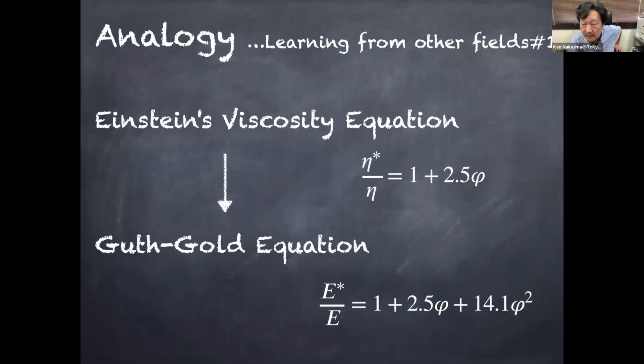Then similar may happen when you add the hard particle into the soft medium, elastic medium, then the modulus value of such a composite material increases. Quite a simple analogy. Then Guth and Gold finally got this equation. So this is one of the possible solutions of how to explain this reinforcement effect.